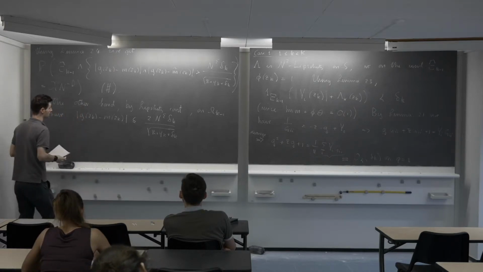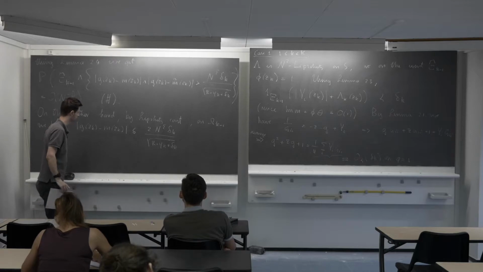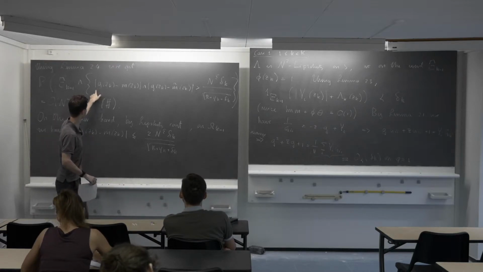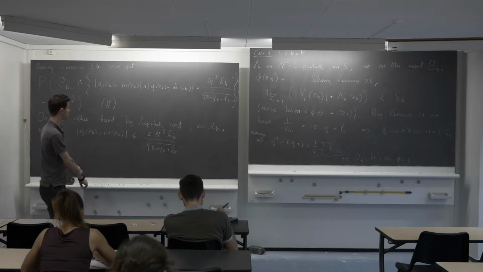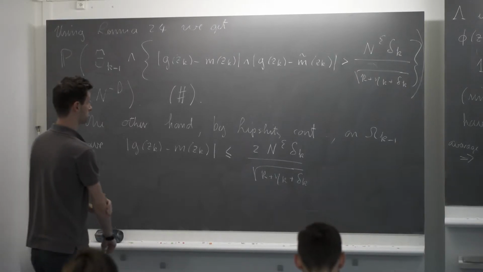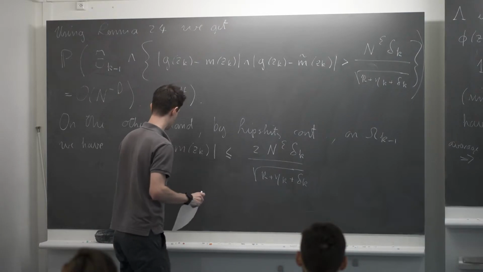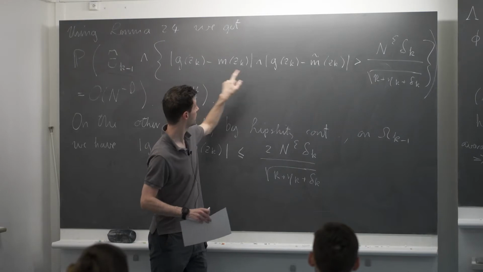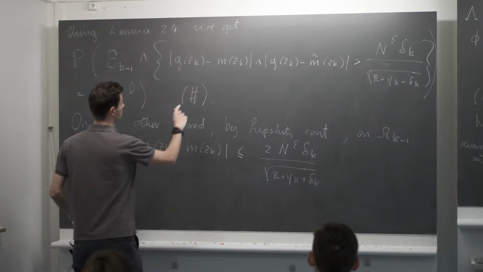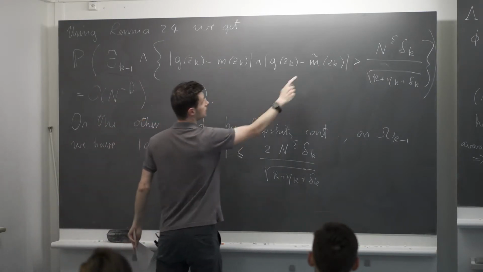Okay, so I know two things. I know this, and I know that. And if I can establish that this bound is smaller than the separation between M and M tilde, I will know that, in fact, I have to be close to that one and not that one.